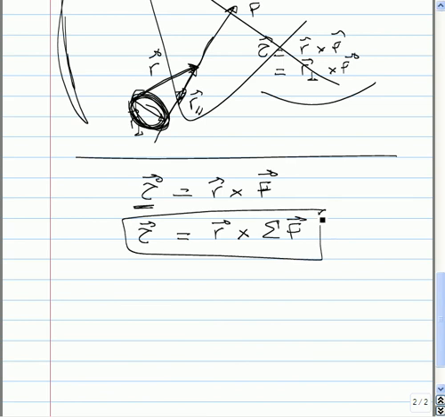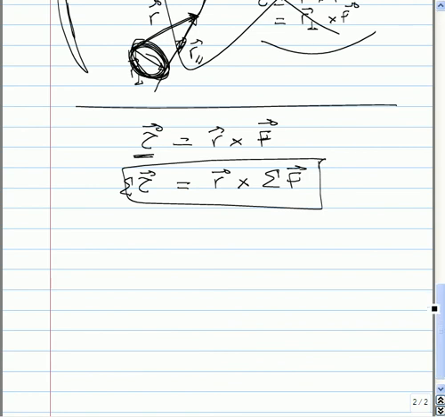So if you have not just one force acting on your object, but you have n forces, 3, 4, 5, you can just take the cross product of all those forces individually, and that will give you the sum of all the torques. And many times that's what you want. This is known as the Varignon theorem. So you will end up using this theorem all the time, because in many cases you won't have just one force acting on your problem, but you're going to have a bunch of them.